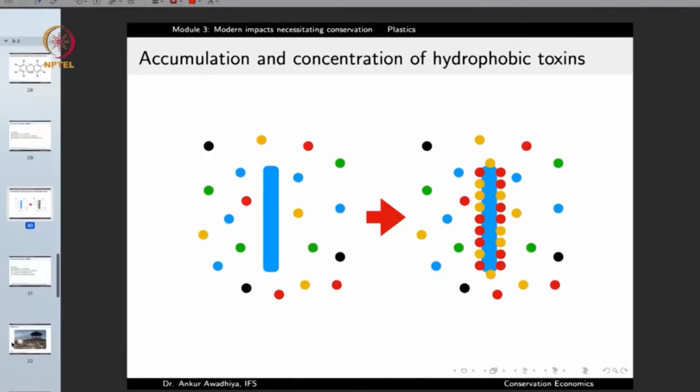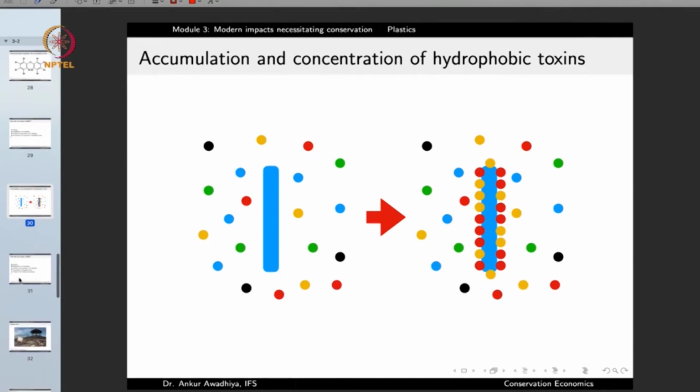And we have seen before that plastics can get eaten up by different organisms, both big and small. Once these organisms eat these plastics, all of these hydrophobic toxins reach into their bodies in a very high concentration. So this aids in the poisoning of our biodiversity. This is another way in which plastics impact our biodiversity.